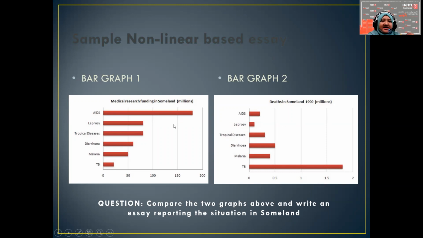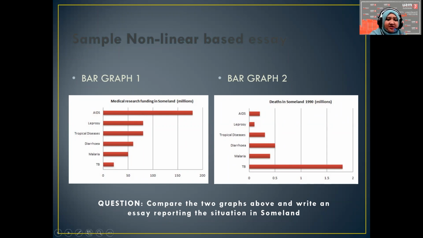So the funding for AIDS could be transferred to TB, and then they could do more research on TB so that TB could be cured. For malaria, it is about the same. Diarrhea is also almost similar. Leprosy and tropical disease too. So make comparisons between the bars and also the two comparative differences.